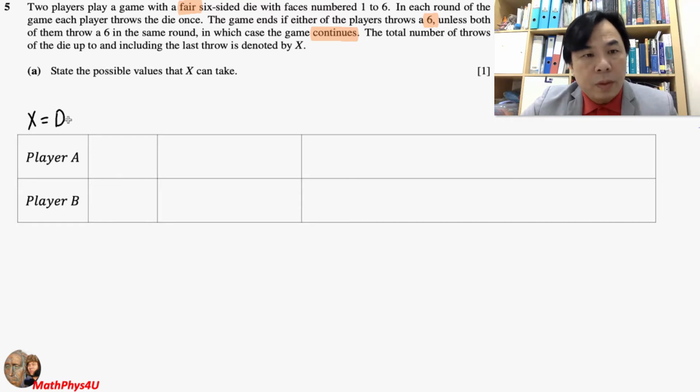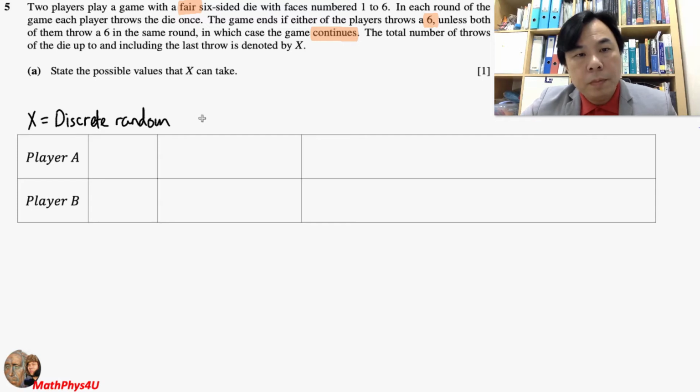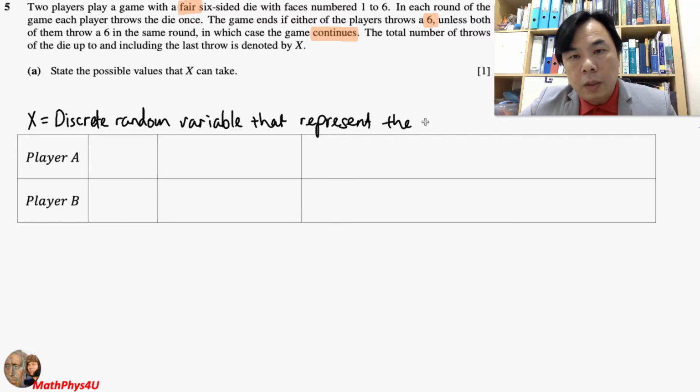the discrete random variable that represents the total number of throws.